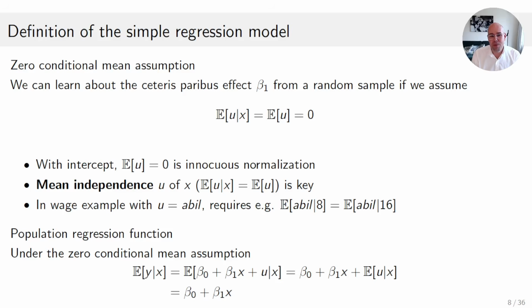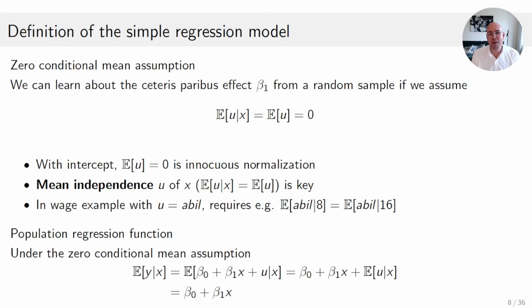And what we can always do is we can always say, hey, we're going to assume that instead of 0 on average or in expectation, the u is equal to, say, 5, right? So if we would do that, then instead of beta naught, we could have a value that is smaller by 5, and we would have essentially exactly the same model.